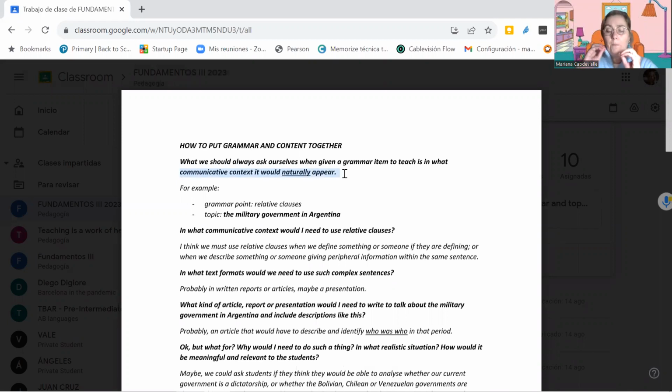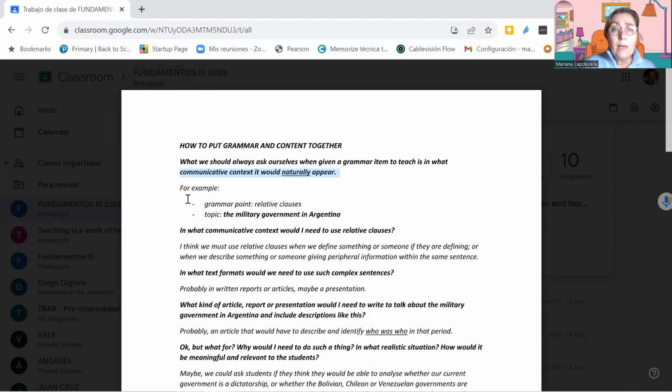We shouldn't force the language into a situation that we like. It has to be something that flows naturally and that the students can see that that language means this or that because it's only logical that it would mean that, because this is what naturally happens in real life.